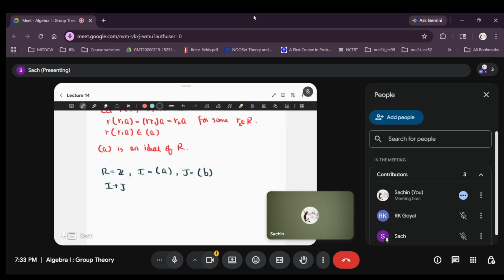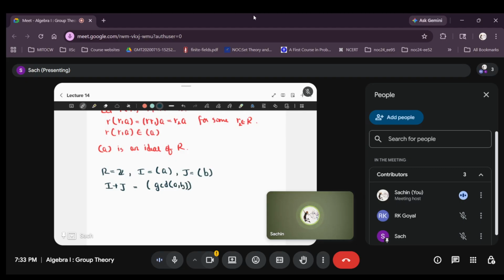And as subgroups, we know that any subgroup of the integers can be written in the form dZ, where d is the smallest positive integer in that set, right? So this will simply be the GCD of A and B, all multiples of that. This will simply be the subgroup generated by the GCD of A and B.